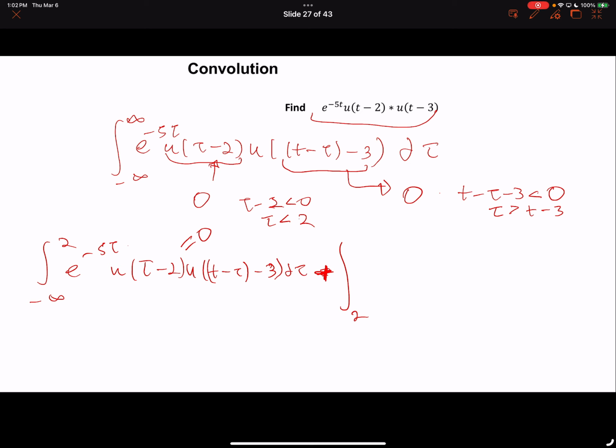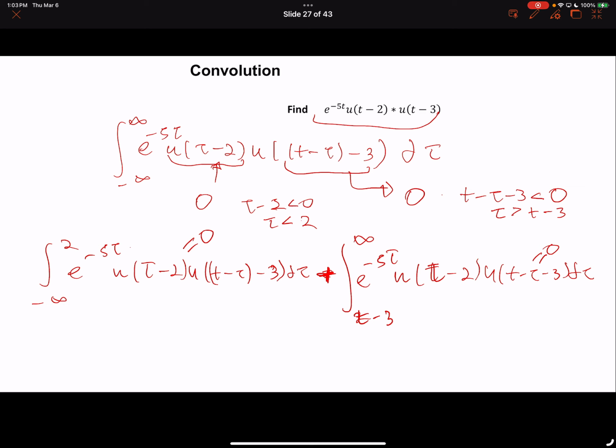What does that tell us about the integral from t minus 3 to infinity of e to the negative 5 tau, u of tau minus 2, u of t minus tau minus 3, d tau? What is the value of that? 0. Yeah, since this is 0, this whole thing has to be 0 because 0 times anything is 0. So I don't even care what this is. This is 0.